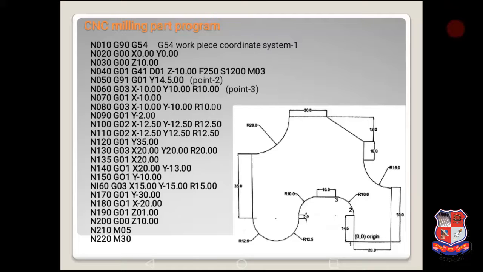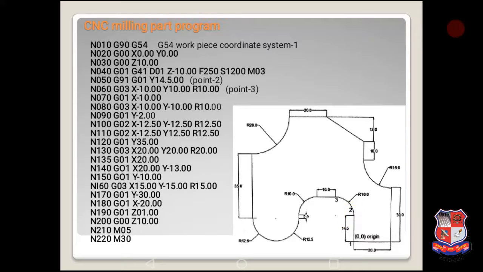It is better to change the programming mode from absolute to incremental by using the G91 command, as written in block number N050 with G01 command and Y 14.5 mm. It means the cutter will move only in Y direction up to 14.5 mm linearly, and we reach point number 2.